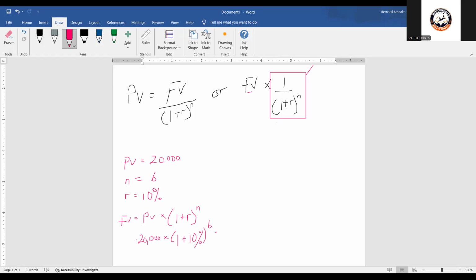When you do this on your calculator, you are expected to get an answer. But that is not my focus.